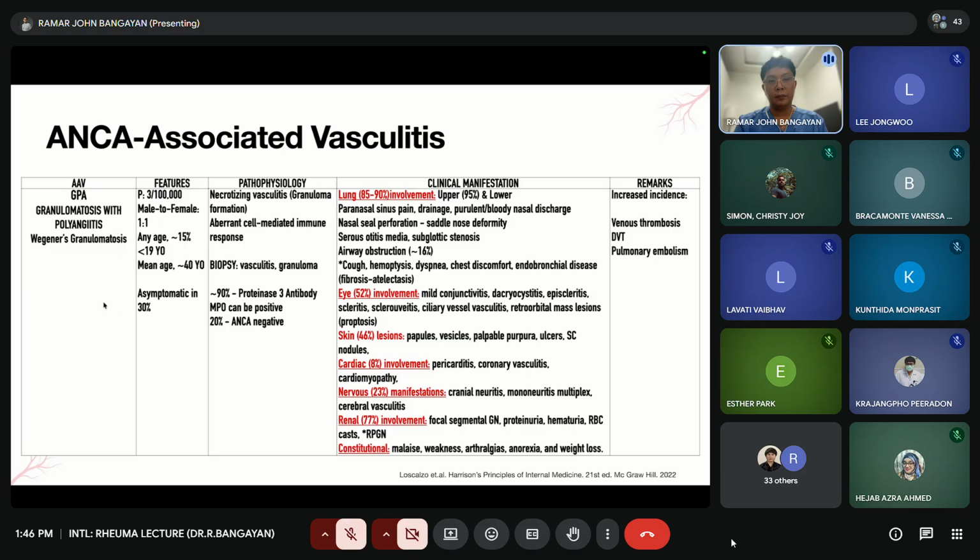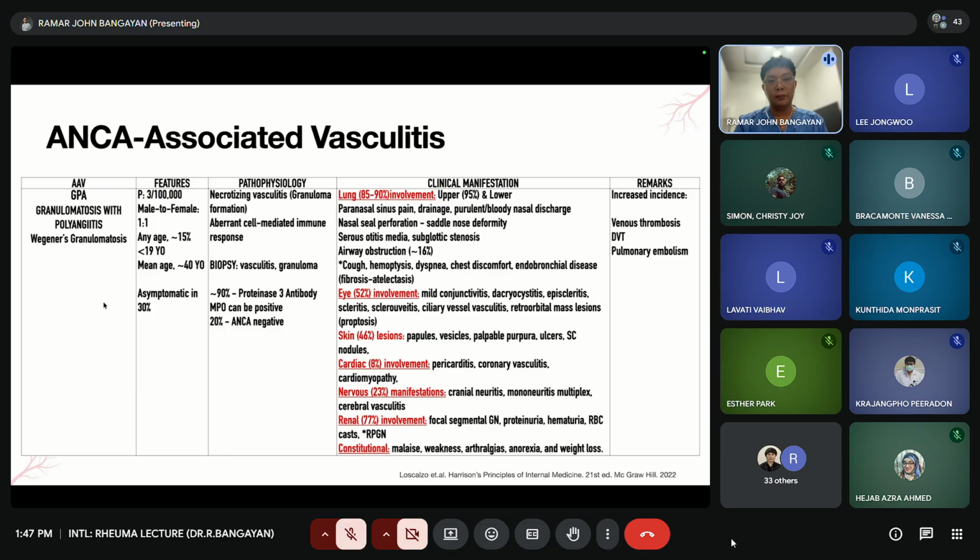Okay? So the pathophysiology is necrotizing vasculitis, meaning to say there is granuloma formation. That means there is an aberrant cell-mediated immune response. Because of the presence of your autoantibody and the presence of a trigger, the granuloma formation is triggered through your inflammatory cell activation.